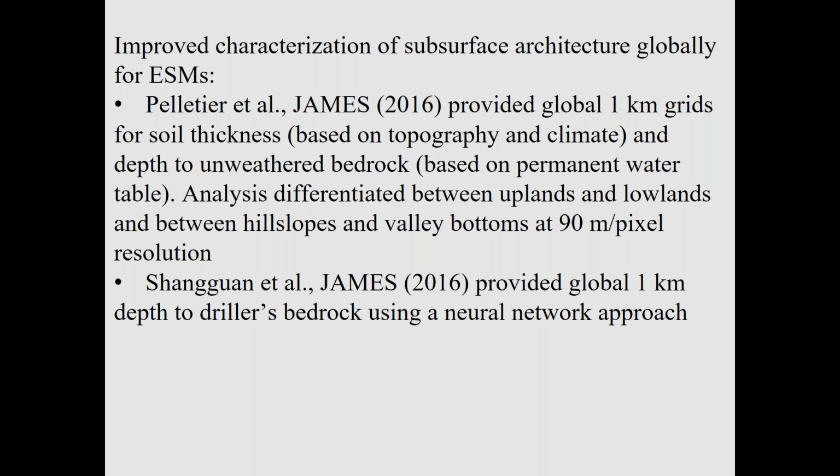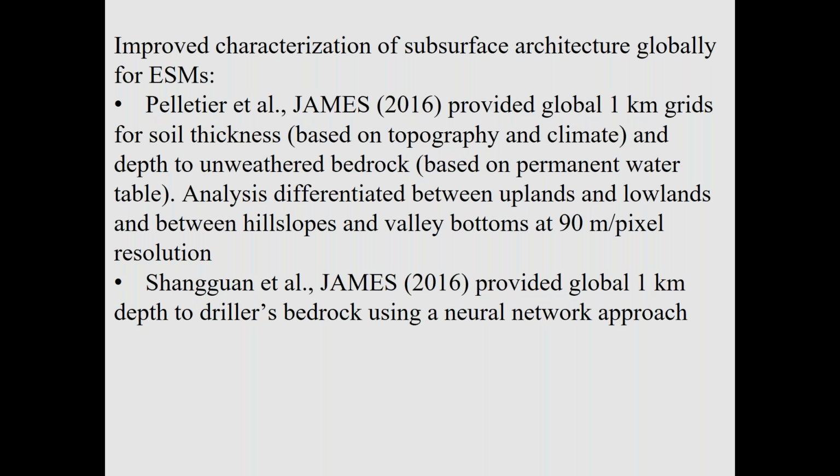So the Pelletier approach was a bit more theoretically based with a small number of parameters. The neural network approach has thousands or tens of thousands of degrees of freedom, the way it was applied by these authors. And I think the pro of that approach is that they were able to do an exceptionally good job at reproducing or characterizing the spatial variability of depth to bedrock in places where the input data is very dense.